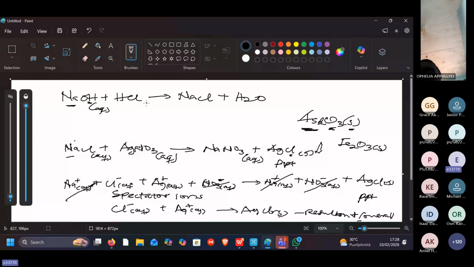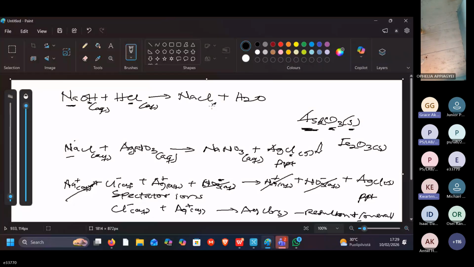How about the HCl, hydrochloric acid? Aqueous. Why? Because chlorides are generally soluble. The only exception is when they come into contact with lead, mercury, and silver. And hydrogen is not lead, not silver. Now, how about the sodium chloride?